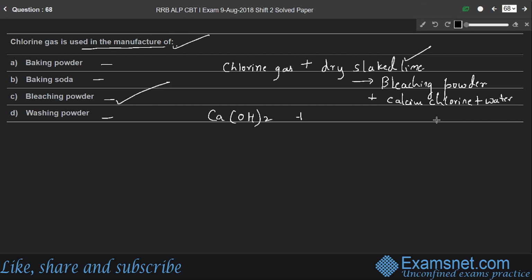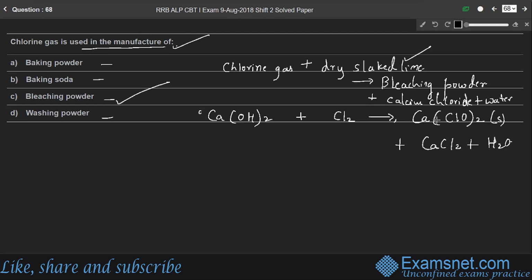When chlorine gas, Cl2, is passed through dry slaked lime, bleaching powder is formed, which is calcium hypochlorite, Ca(ClO)2, a solid, plus calcium chloride, CaCl2, along with water.